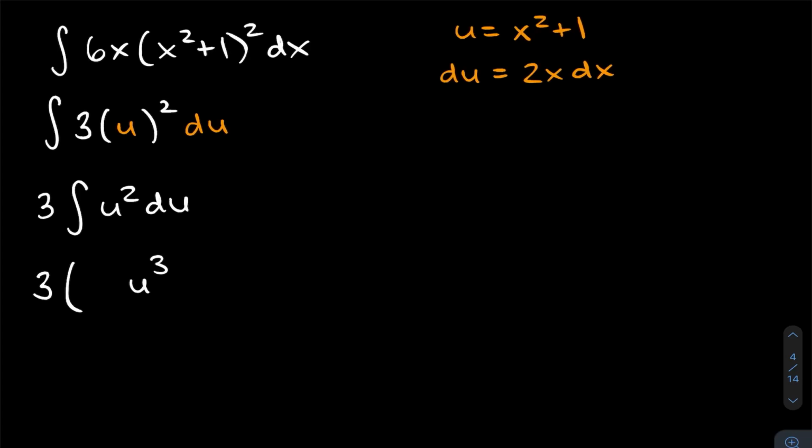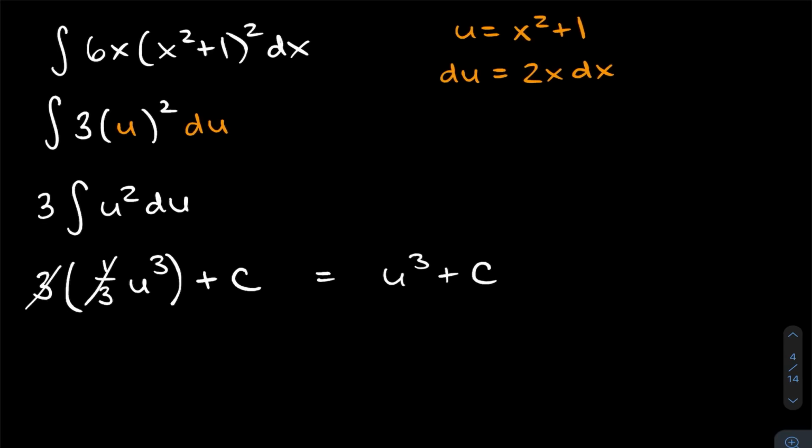We just raise the power by 1, and then we bring this guy up front and flip it. So instead of 3 over 1, it's going to be 1 over 3. And then, of course, we need to add on our c at the end. So we get 3 times 1/3, that's going to become 1. And so this is equal to u cubed plus c.